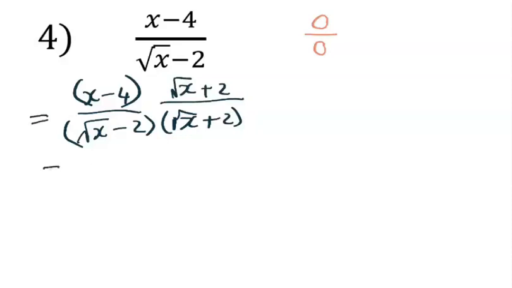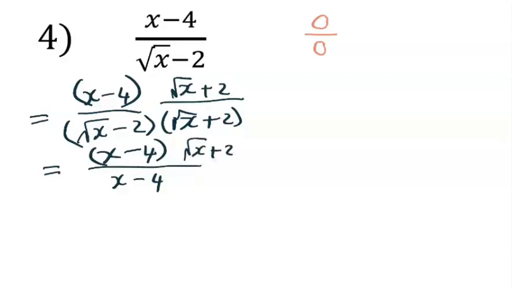If I then simplify the denominator, I get x minus 4, and in the numerator I have x minus 4 times the square root of x plus 2, which I can simplify when x is not equal to 4.